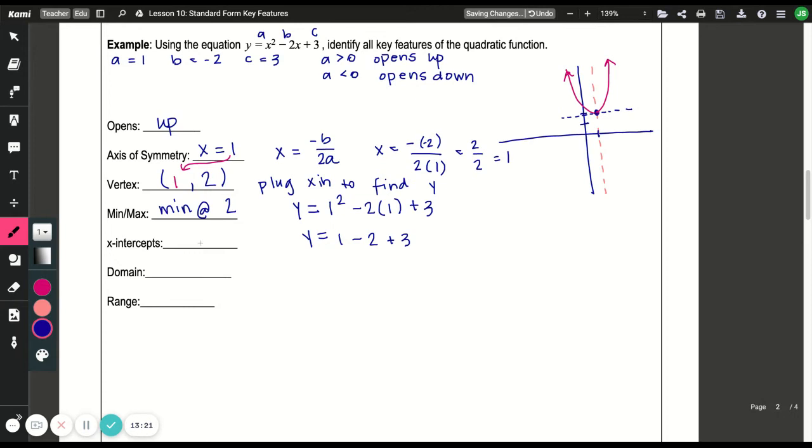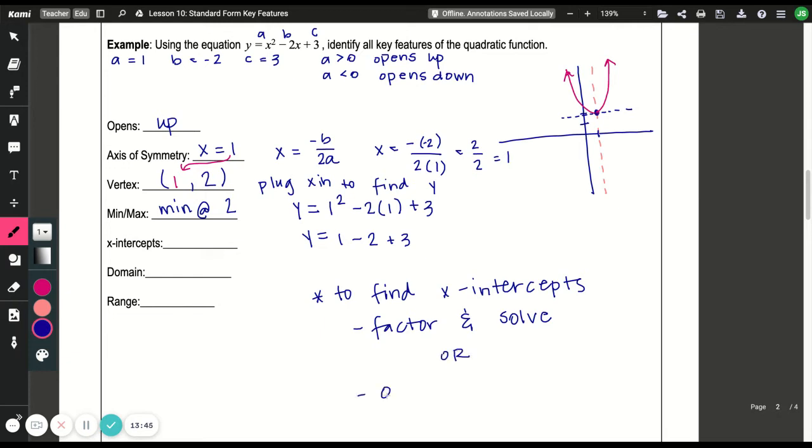How about the x-intercepts? To find the x-intercepts, again, put this somewhere on there because you're going to need to know it. You can either factor and solve, or you can use the quadratic formula.